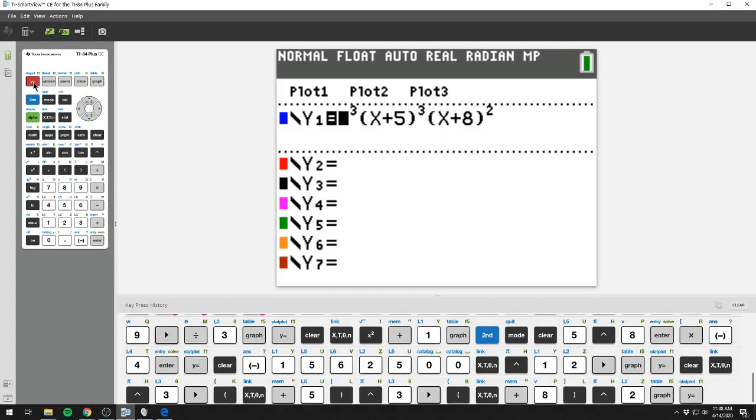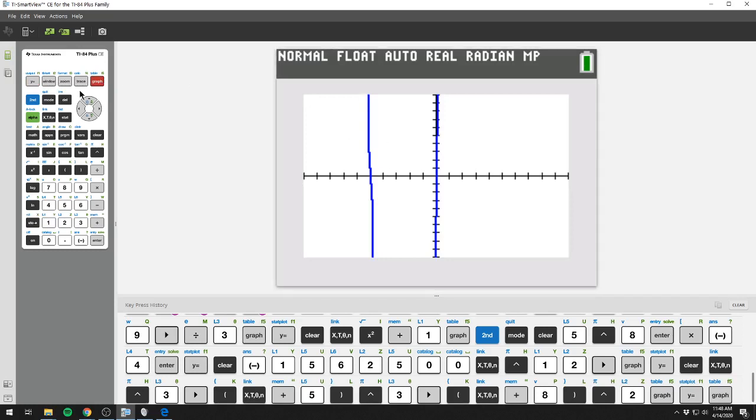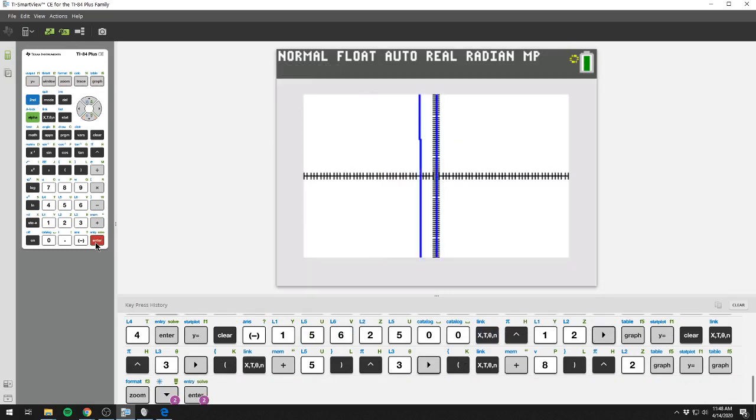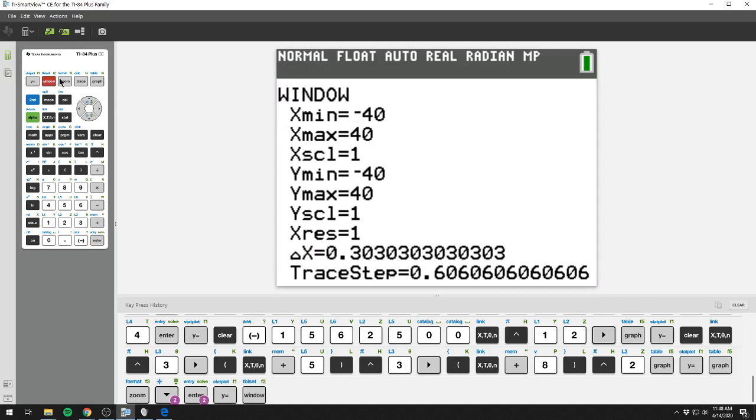And I feel like the graph is too steep. Zoom out. My window.